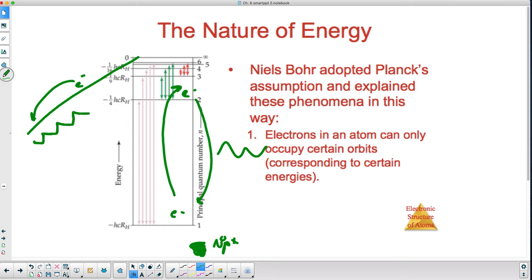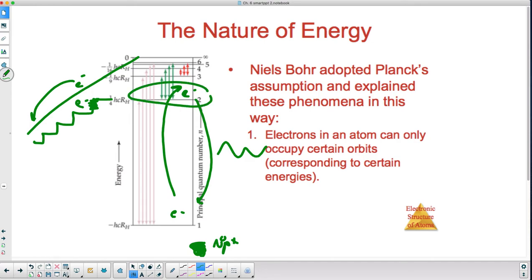When we walk up stair steps, you can't step in between the steps, right? You do one step at a time, and there is no in between on the stairs. So that's what happens to the electron.